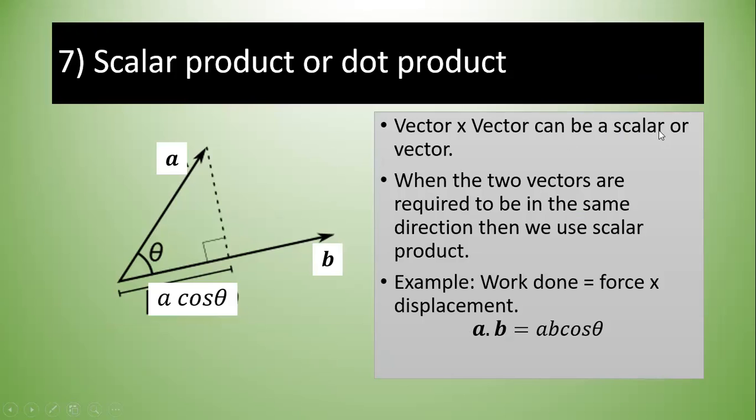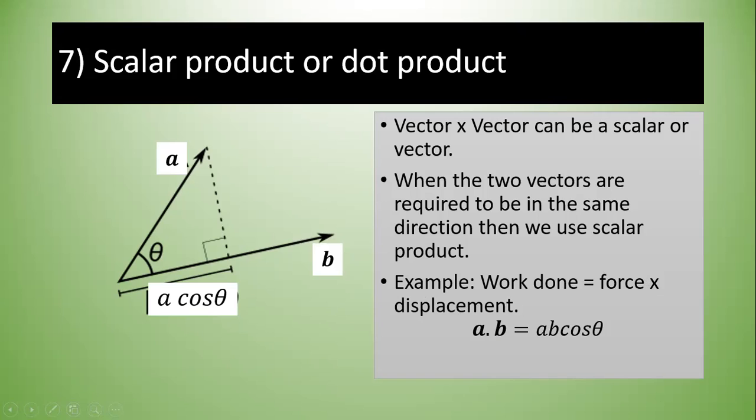Vector times vector can be a scalar or a vector. When the two vectors are required to be in the same direction, that's our definition, then it's a scalar product. Example: work is force times displacement in the direction of the force. We call that the scalar product, A dot B.